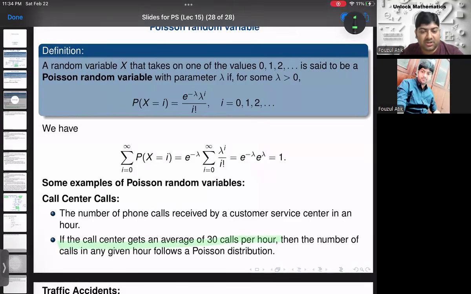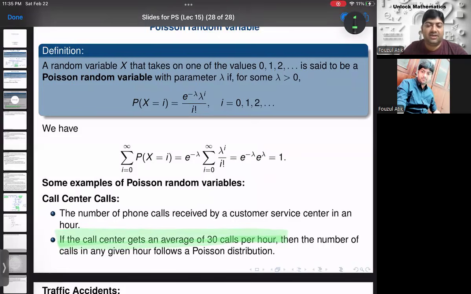So we only know the average number. The number of phone calls in a particular hour can be anything. It can be 0, 1, 2, or any big number. We don't have any limitation, but somehow we know that it gets 30 calls per hour on average.